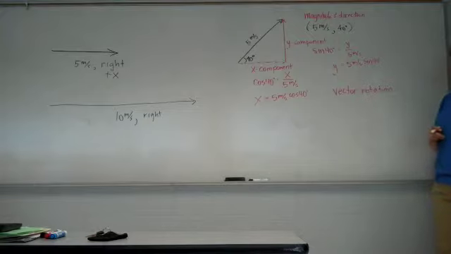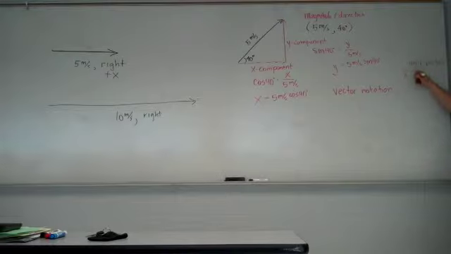Now, to write it out, we use what are called unit vectors. A unit vector is a vector that has a length of 1. No meters, no seconds, no anything, just the number 1. And it points specifically along an axis. If it points along the x-axis, we use an i.